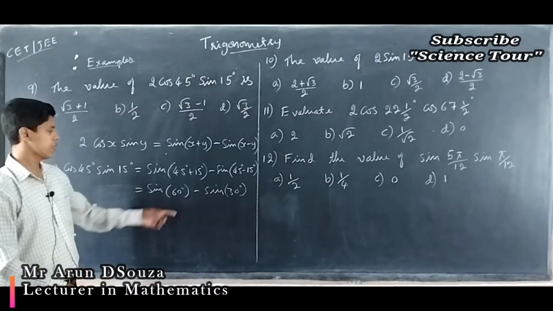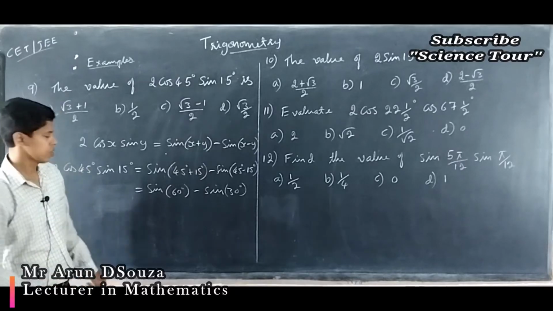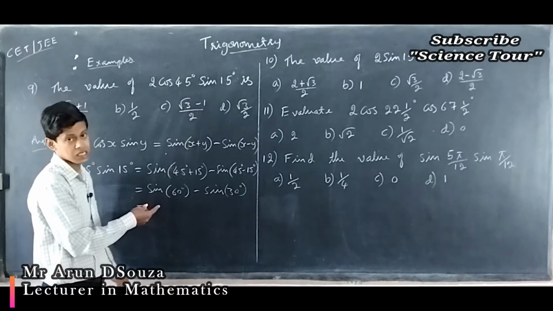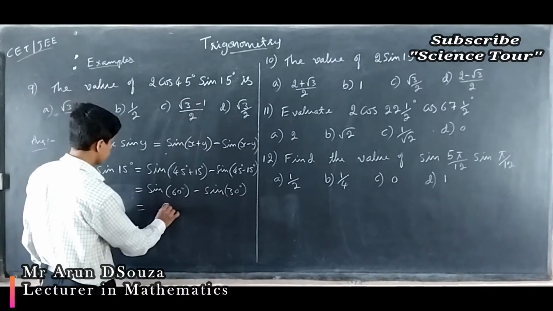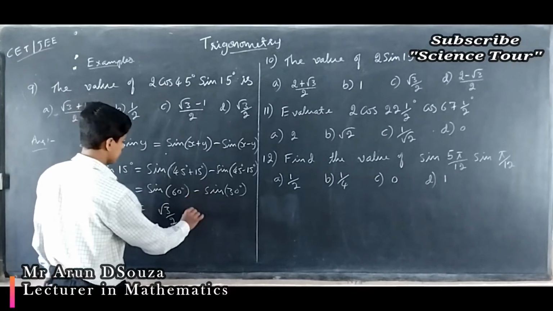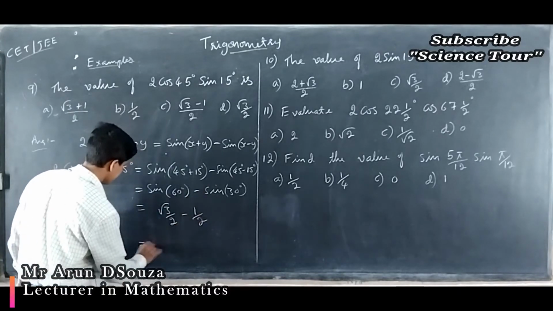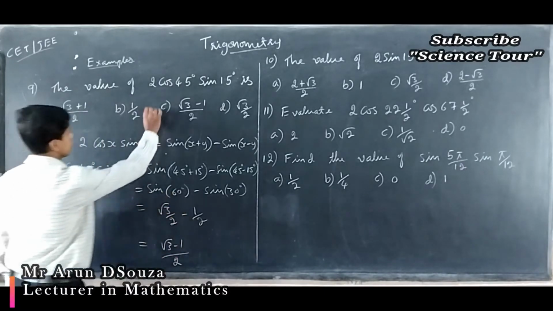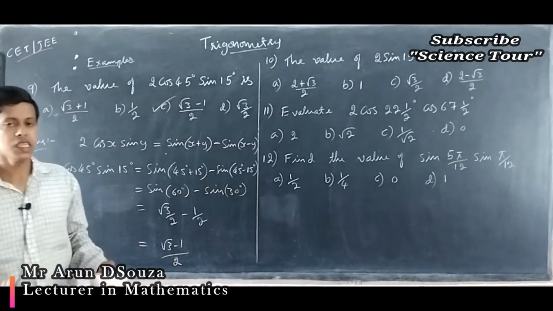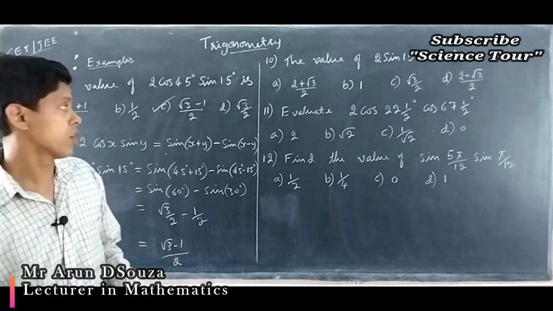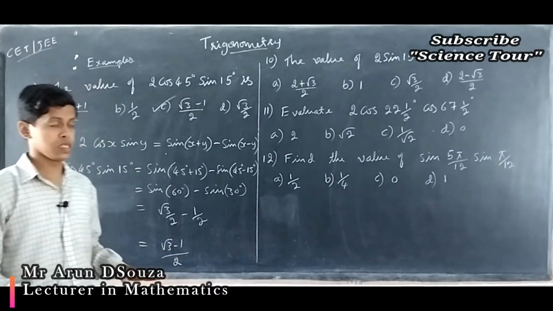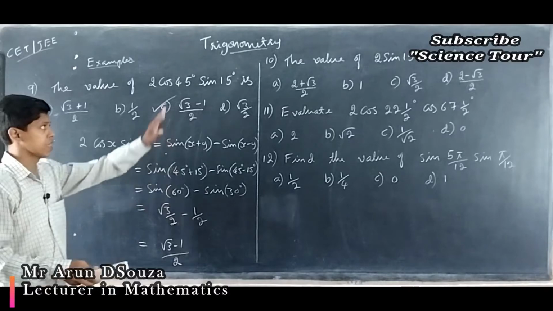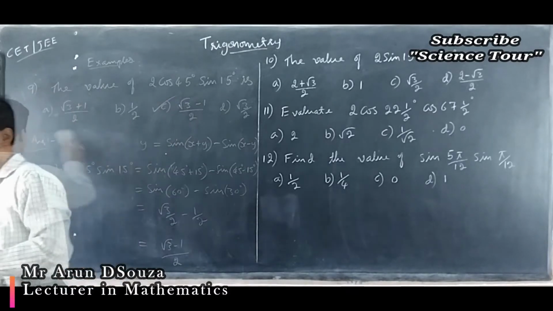These are the standard angles, 60 and 30, so there is no difficulty. What is sin 60? Root 3 by 2, and sin 30 is 1 by 2. So that is root 3 minus 1 divided by 2, which is option C. It is a very straightforward CET level question, very simple. Let's move to the next question.